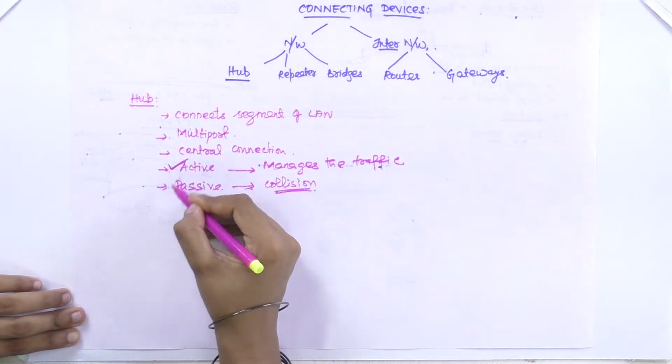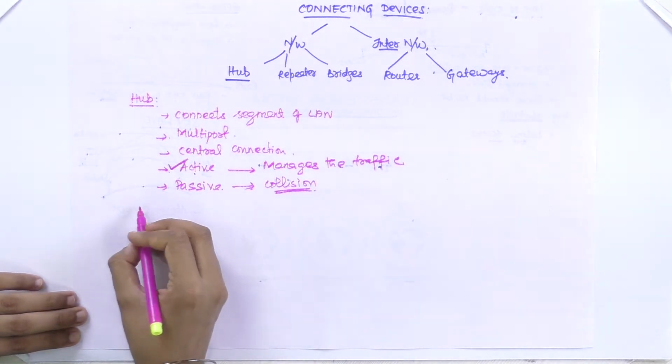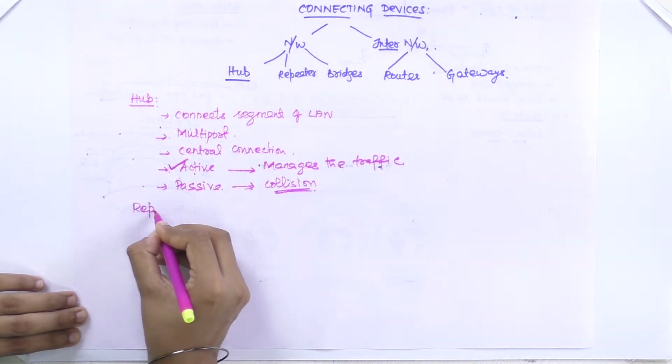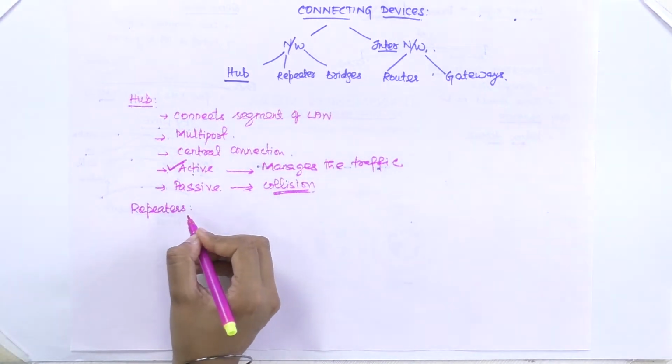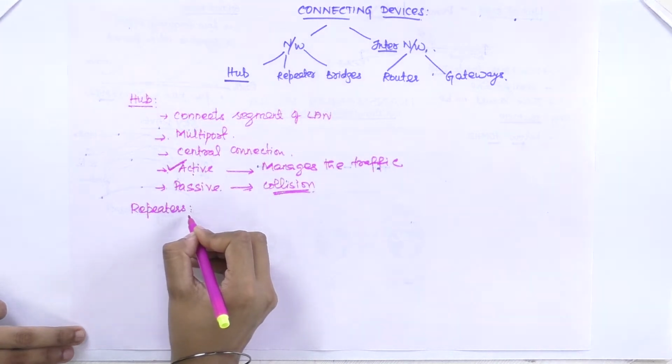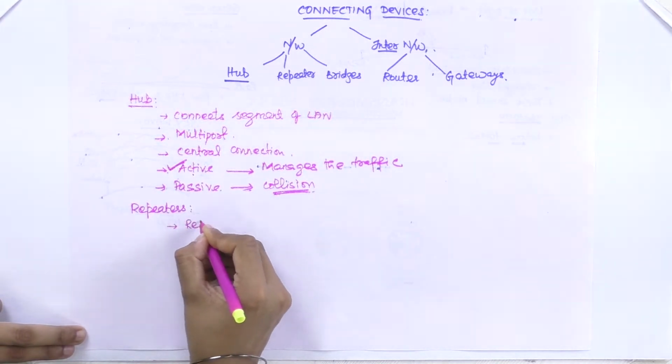So the active hub will be the efficient one. So next, the repeaters. Moving on to the repeaters, I can tell that it replicates the signal.